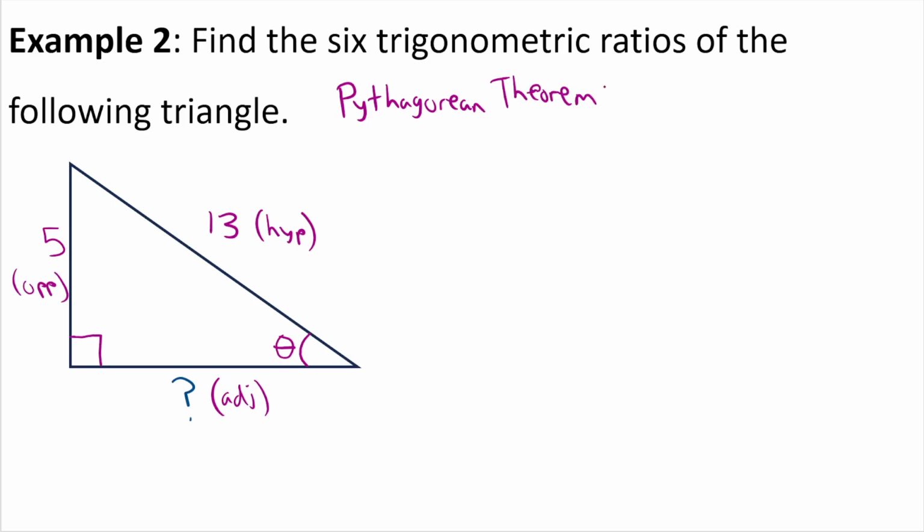In the Pythagorean Theorem, we show a squared plus b squared equals c squared, where a and b are the legs of the right triangle and c is the hypotenuse.